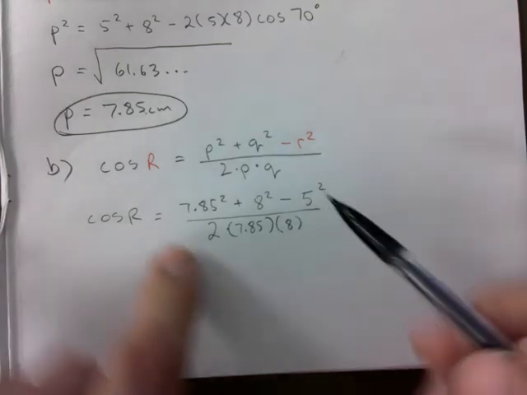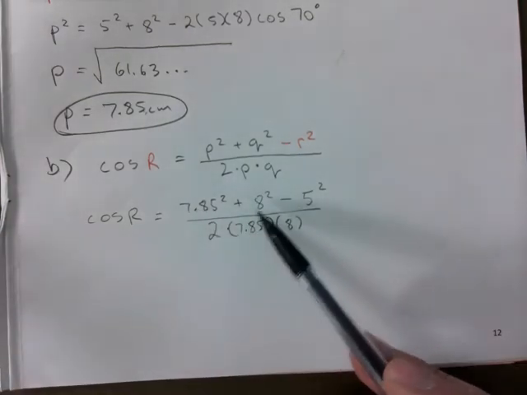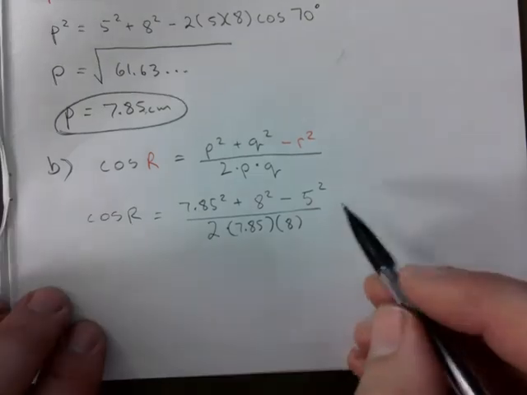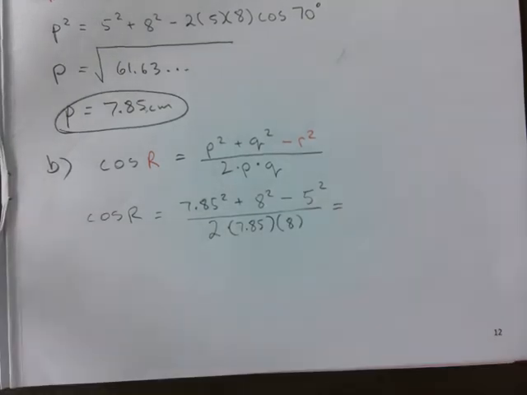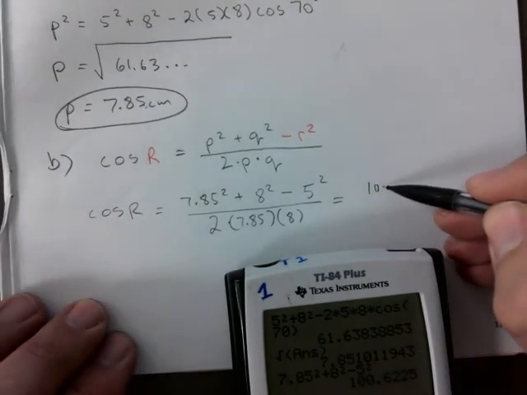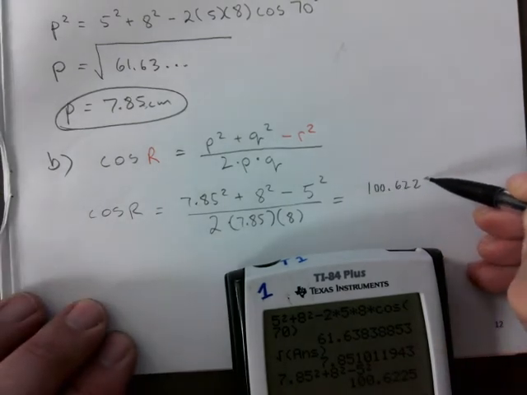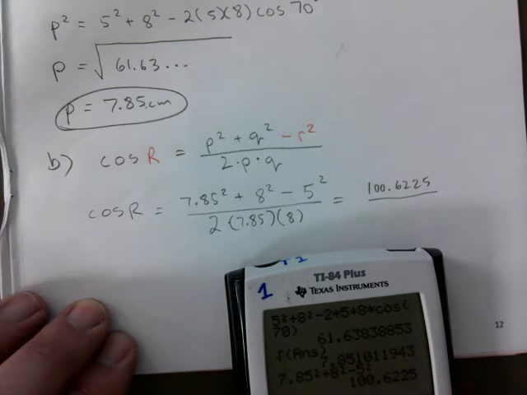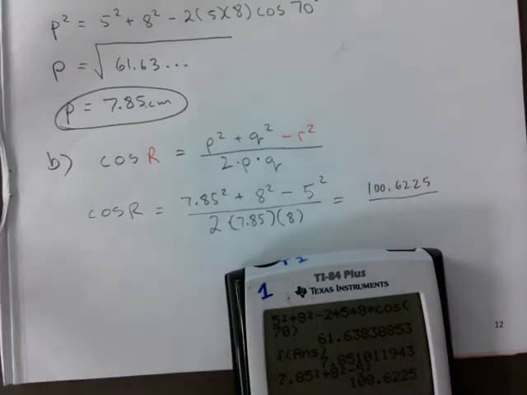So I basically take the first side, put it down, take the second side, put it down. And this is what I want you to do now. Find the top, 7.85 squared plus 8 squared minus 5 squared, which is 25, and just write it down, all decimals. And then figure out what the bottom is.